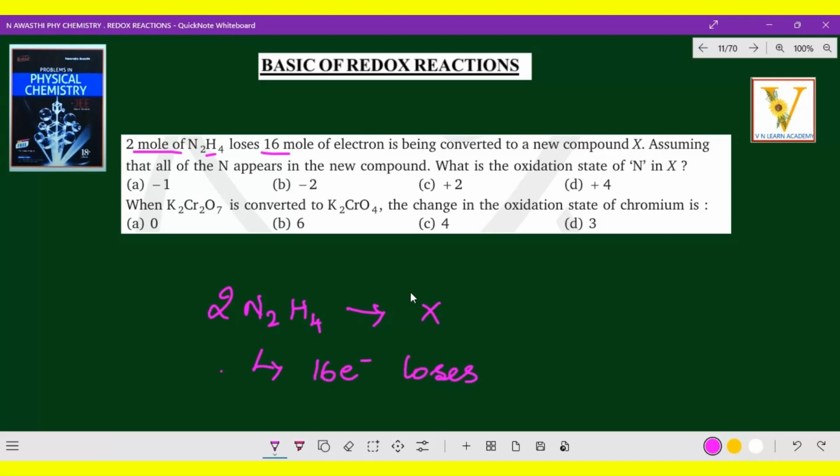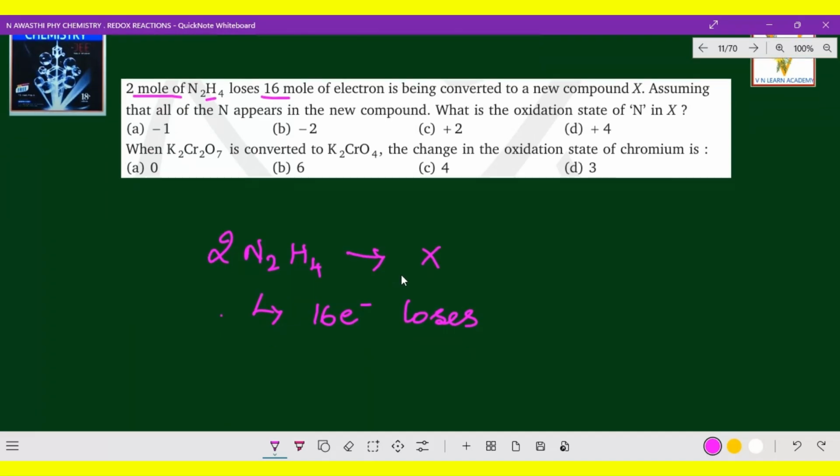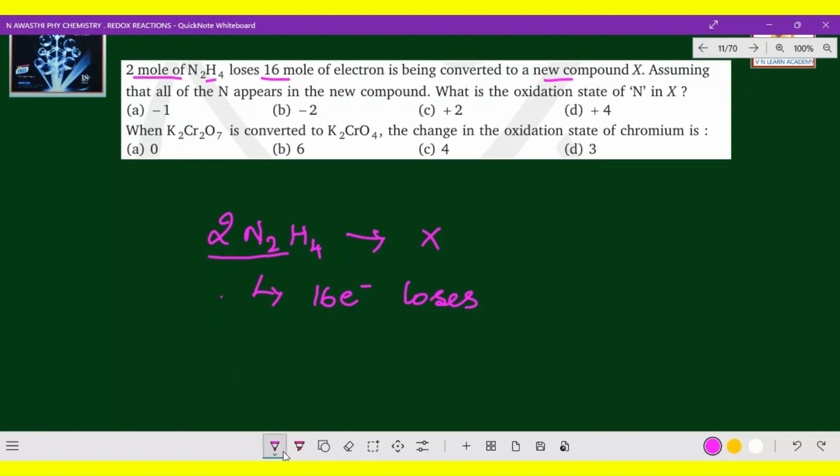So we have to identify how many electrons for the new compound X, given that all of the nitrogen appears in the new compound. Now, 2 moles of N2H4, how many nitrogens are available? Here actually 4 moles.